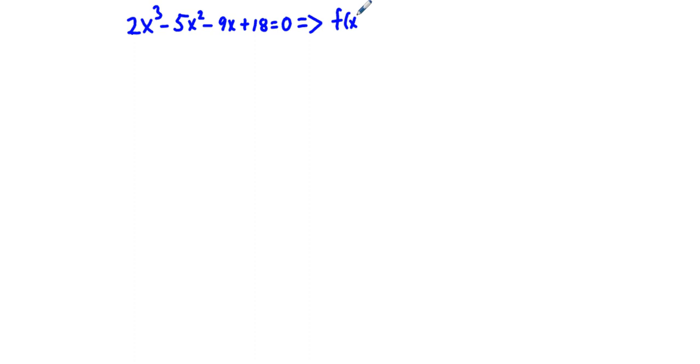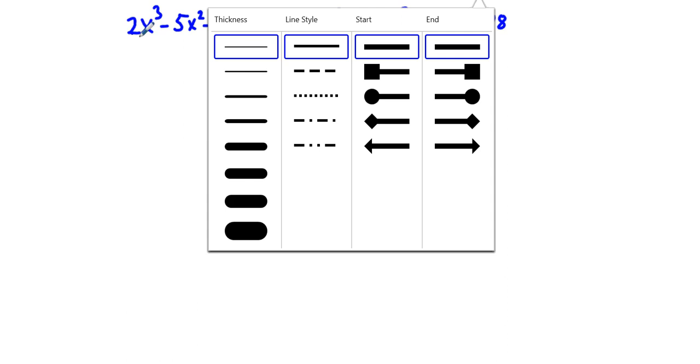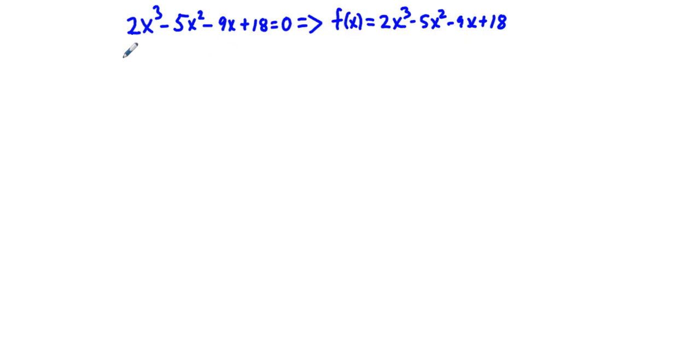If we change that 0 to an f of x, so f of x equals 2x cubed minus 5x squared minus 9x plus 18, and graph this function, we will see where the function touches or crosses the x-axis, which will give us our solutions. But I'm going to focus on the analytical process today and use different theorems to solve this equation.